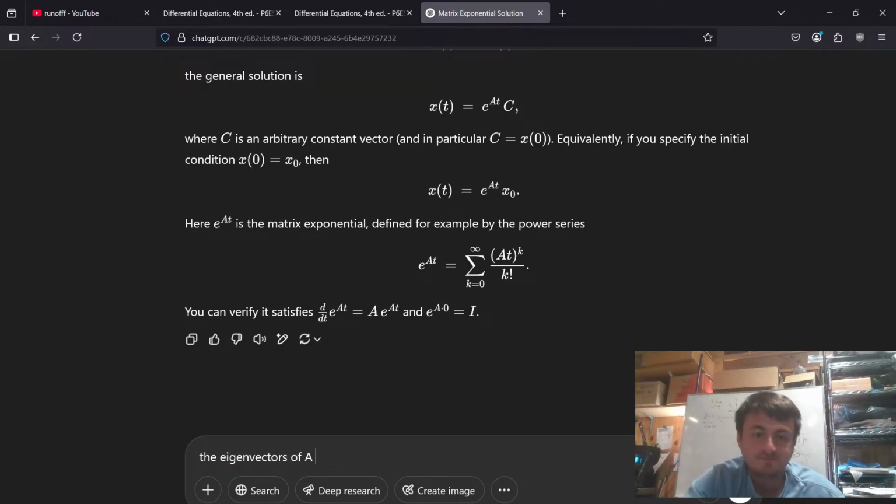The eigenvectors of A tell us which solutions move exactly on straight lines, right?